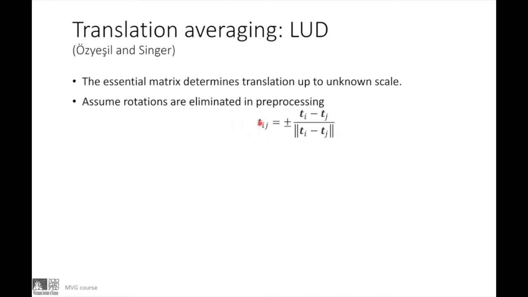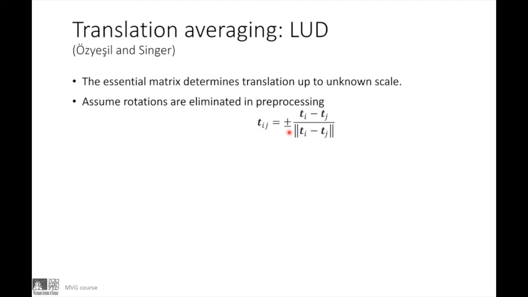So the Tij in this case, the translation that comes out of the essential matrix, is essentially a difference between the position of camera I and the position of camera J, Ti minus Tj, normalized, and maybe in the opposite direction, right? We don't know if it's pointing in the direction of Ti minus Tj or in the opposite direction.